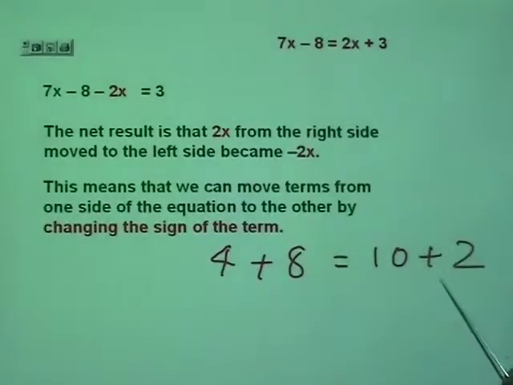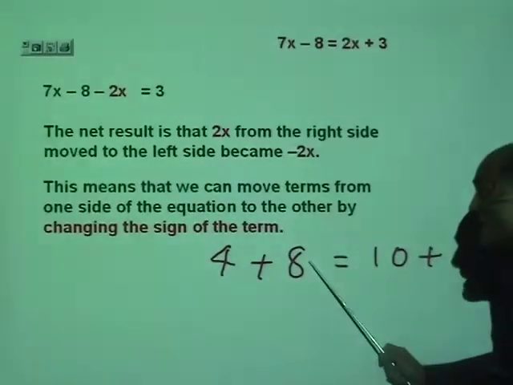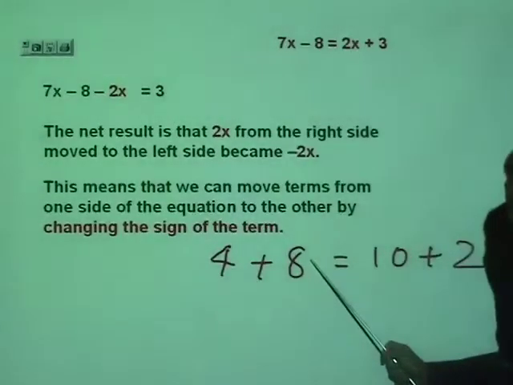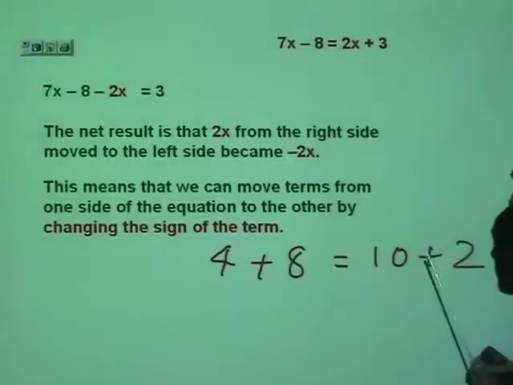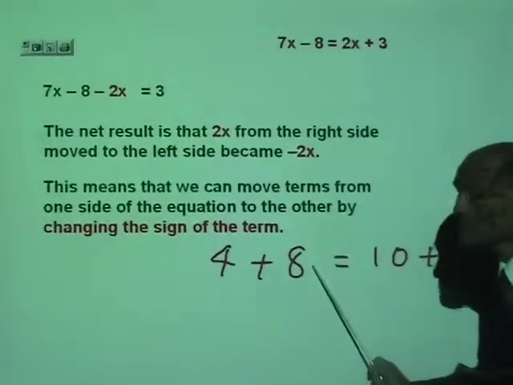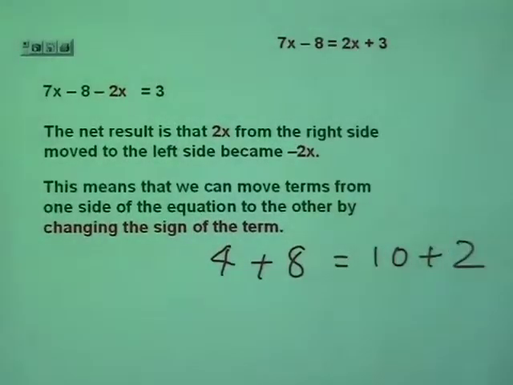So let's move this positive 2 from the right side to the left side. What will that become? Positive 2, when it moves to the left, becomes negative 2. So this will be 4 plus 8 minus 2 equal to 10.